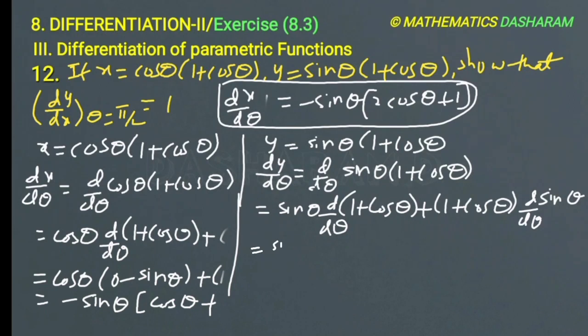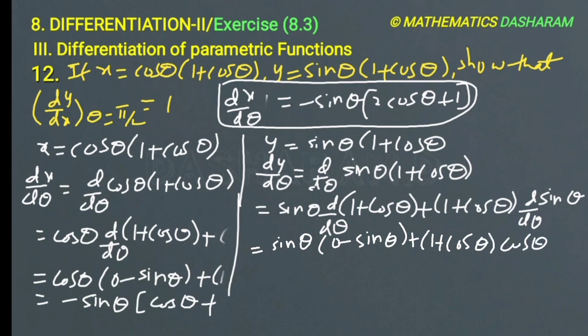So it equals sin theta, the derivative of 1 is 0 and the derivative of cos theta is minus sin theta, plus 1 plus cos theta, the derivative of sin theta is cos theta. Sin theta into minus sin theta is minus sin square theta, plus cos theta bracket of 1 plus cos theta, no need to multiply.